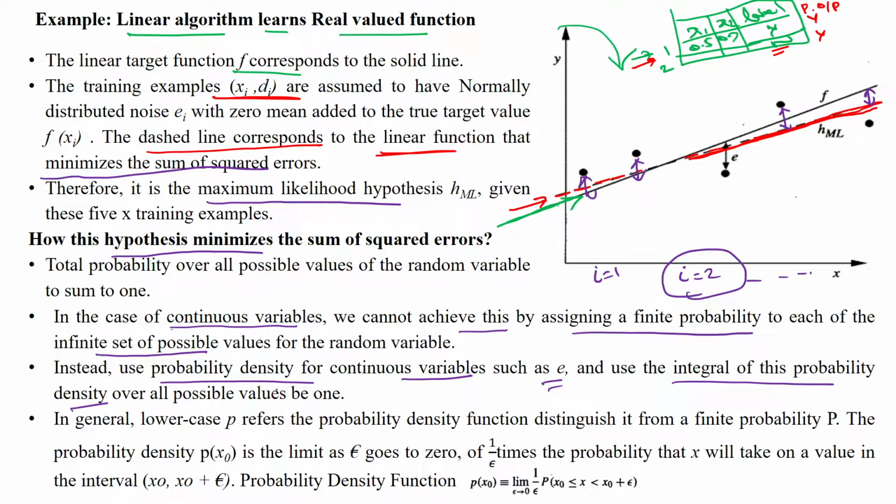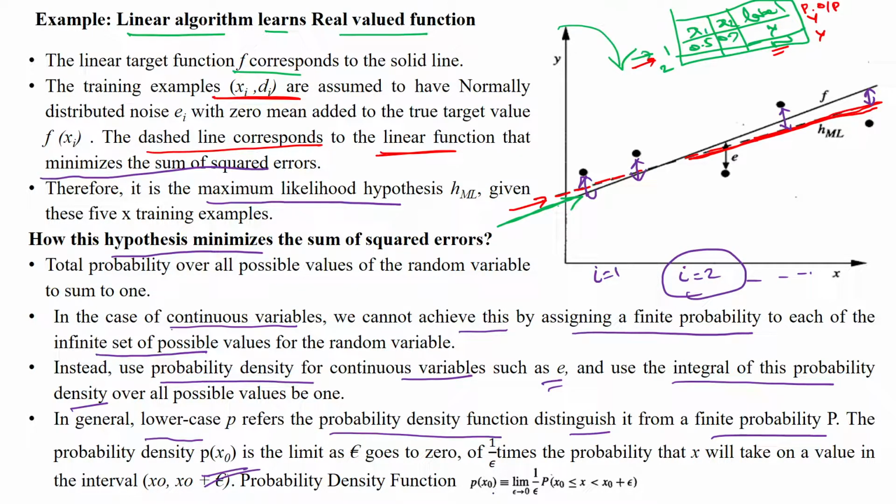When you apply the integral to this probability density, we can achieve the minimum error. Here the lowercase p refers to the probability density function, which is distinguished from the finite probability, capital P. So that's what is given here.